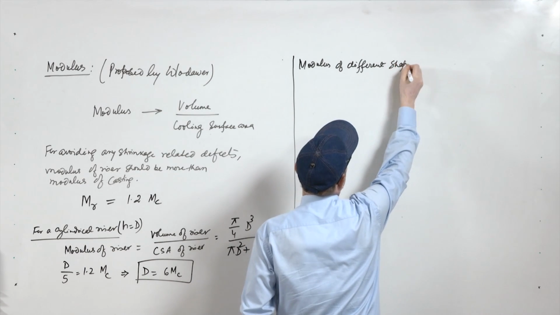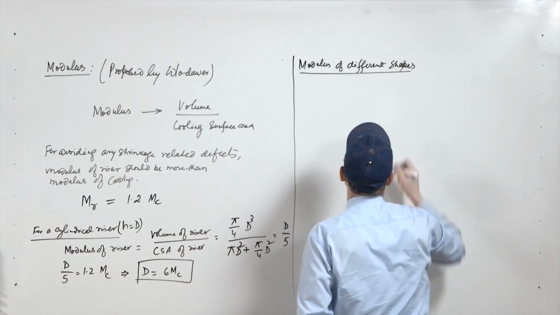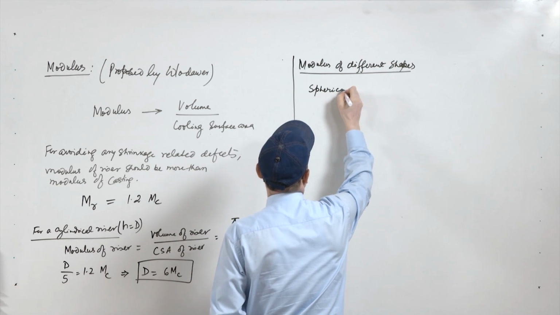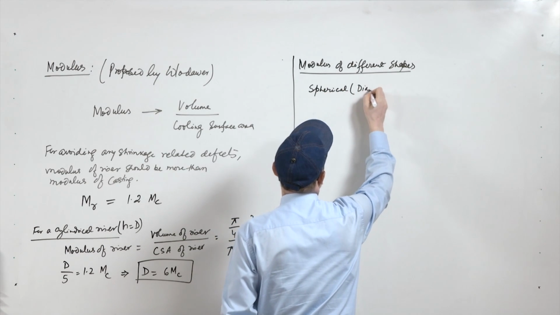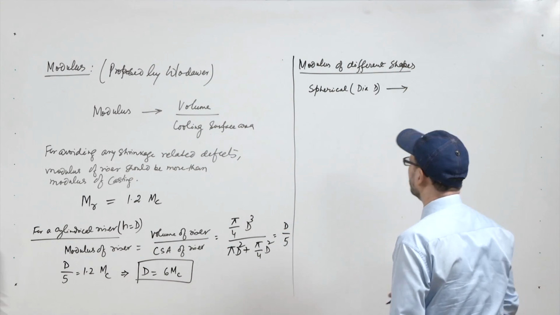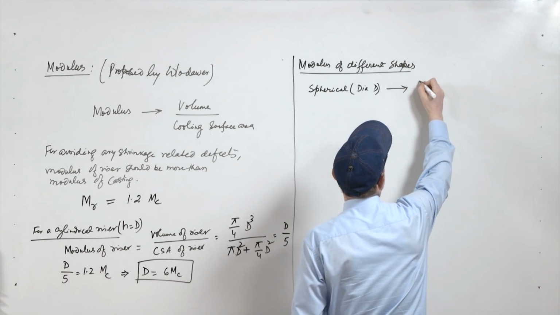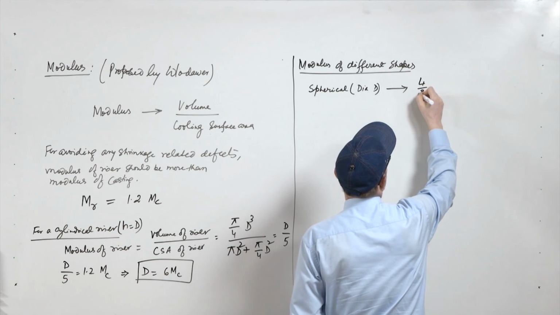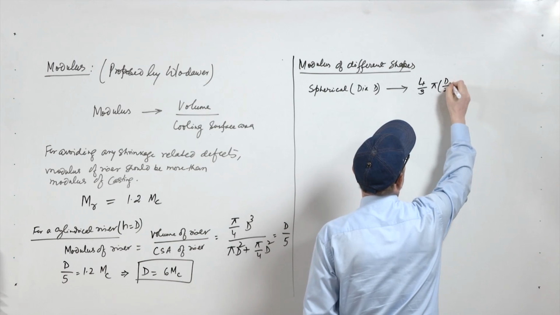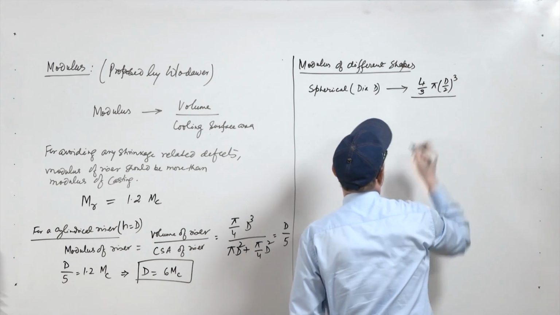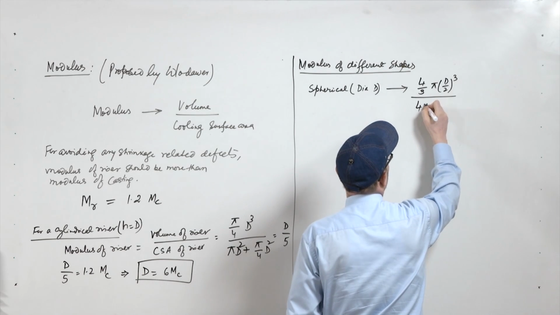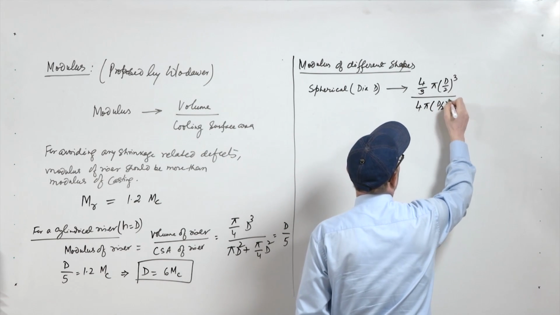So, if you look at the modulus of spherical shape, spherical dia d. So, for this what you get is the volume is 4 by 3 pi r cube. So, pi into d by 2 cube upon 4 pi r square. So, it will be 4 pi d by 2 square.